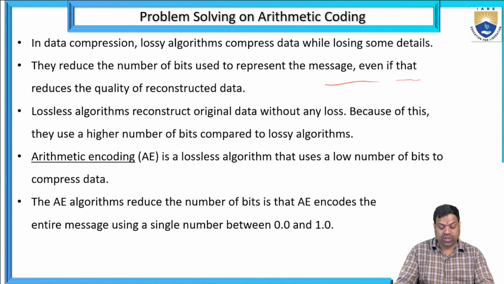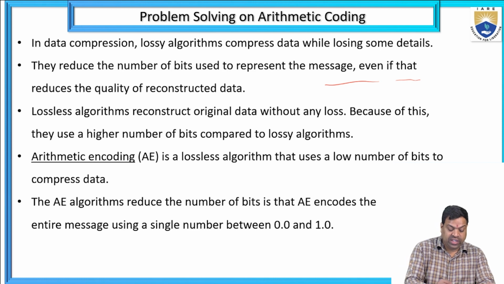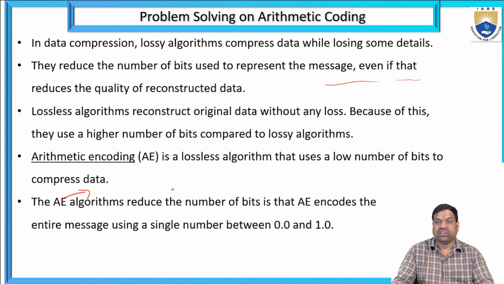And arithmetic coding, AE, is a lossless algorithm that uses a low number of bits to compress data. AE is an arithmetic coding algorithm to reduce the number of bits. AE encodes the entire message using a single number between 0.0 and 1.0.